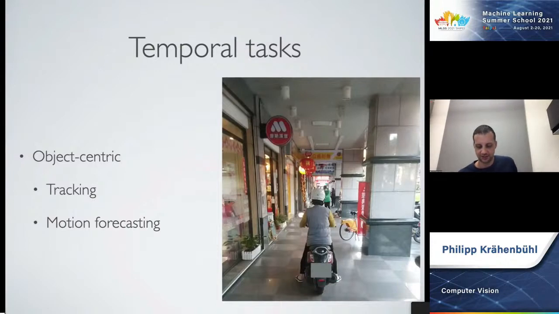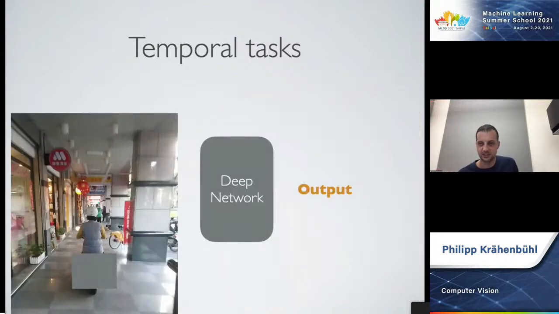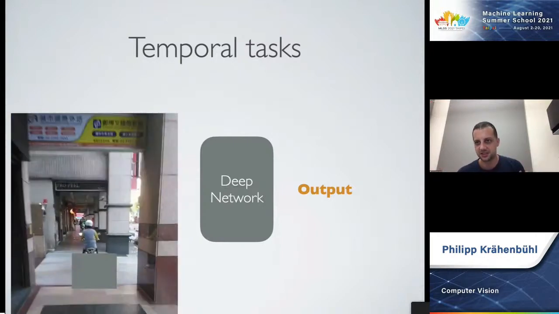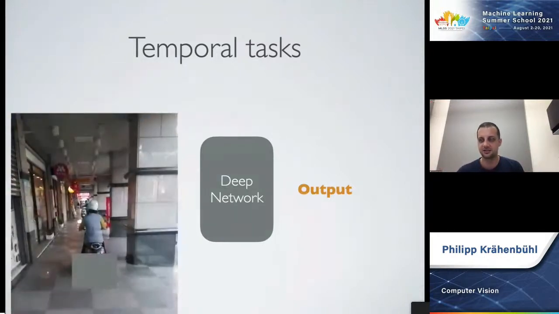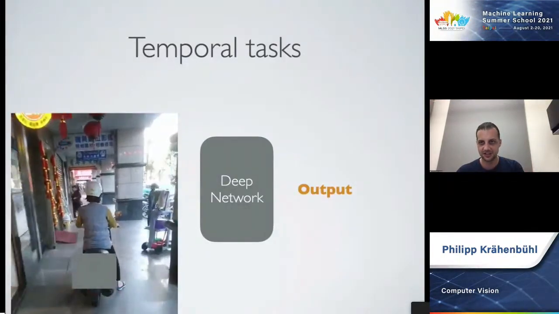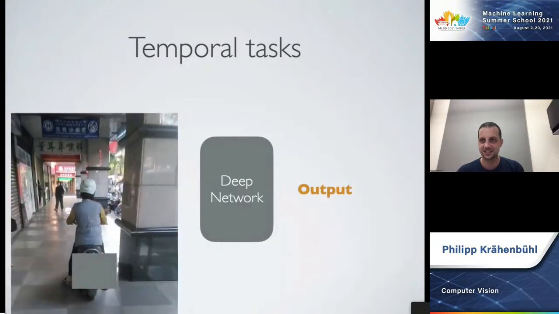Now, I would love to tell you that for video tasks, this is going to be the same story as we had before, that we're going to have one nice input video, one glorious model that outputs an output, and everything is going to use the same overall structure or setup. It turns out it's not as nice.